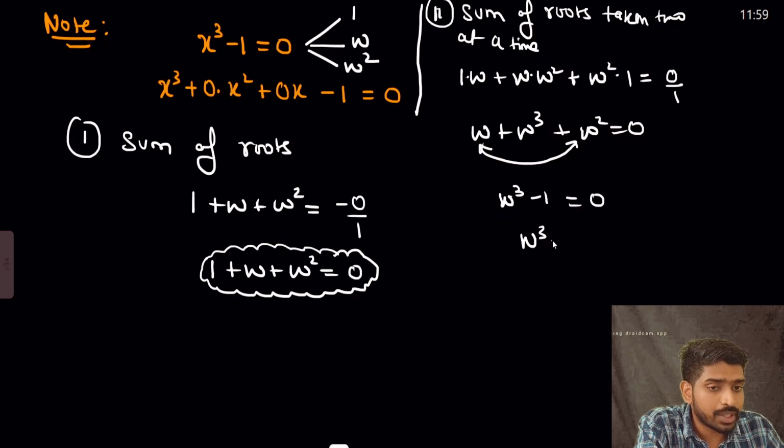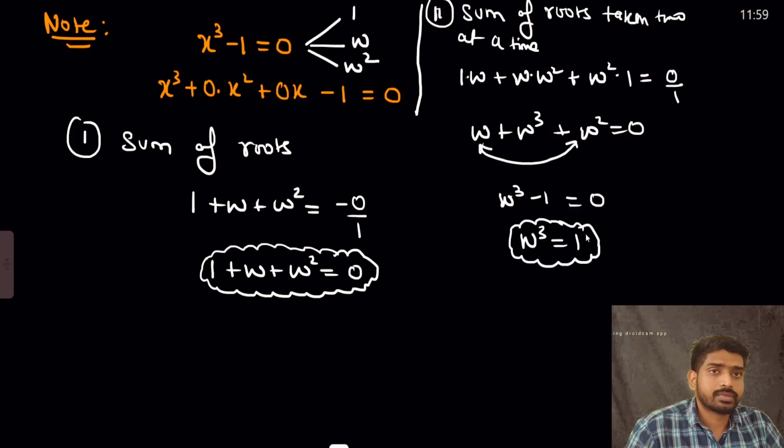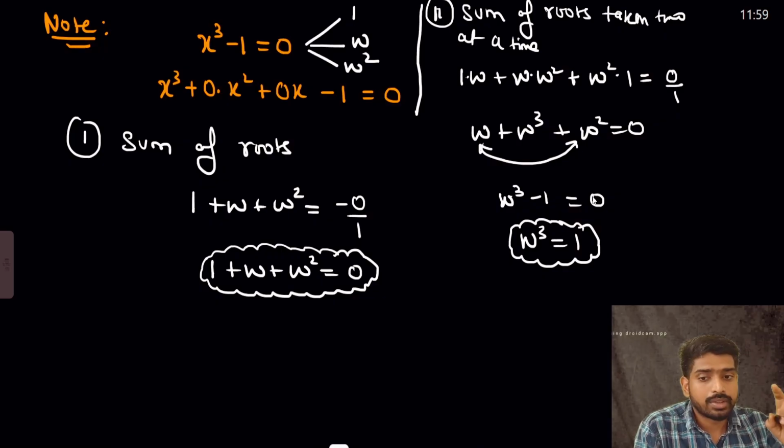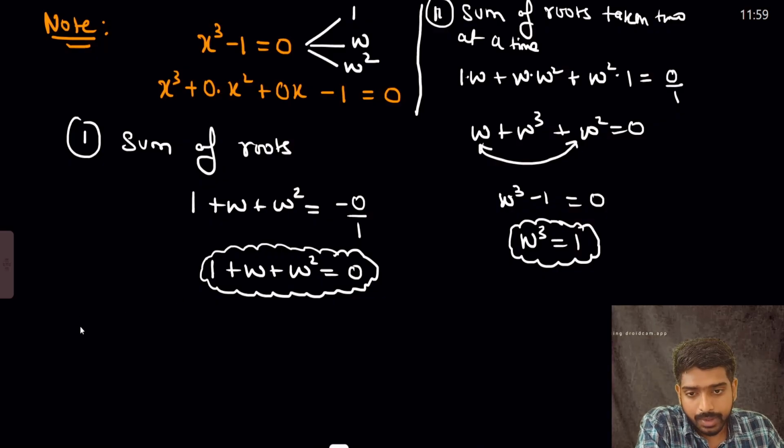From here we got omega cube value is 1. Omega square into omega, omega cube will be again equal to 1. Omega power 4 will be equal to omega. Also we'll write the next, third result.